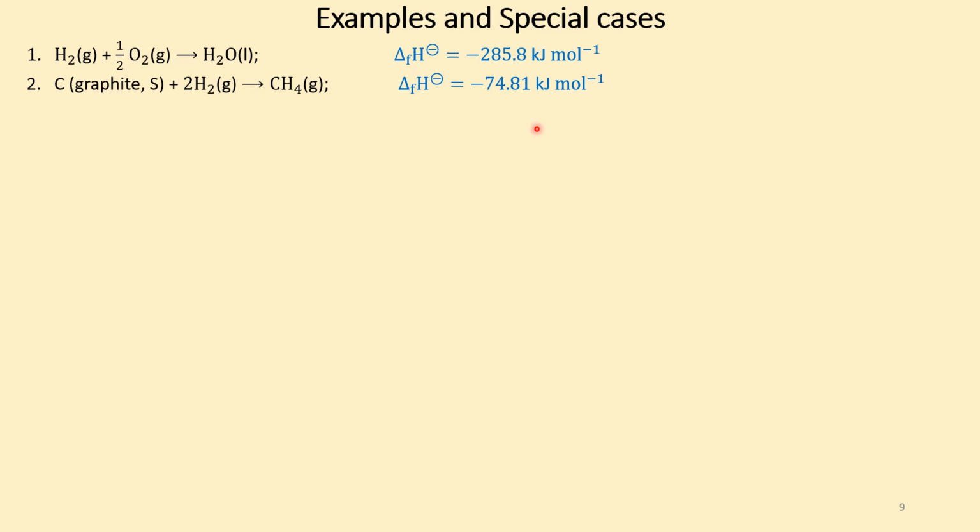Second equation is carbon, whose standard state is graphite in solid state, plus 2H2 in gaseous state combined to form CH4 in gaseous state, and its ΔfH° equals minus 74.81 kilojoules per mole.